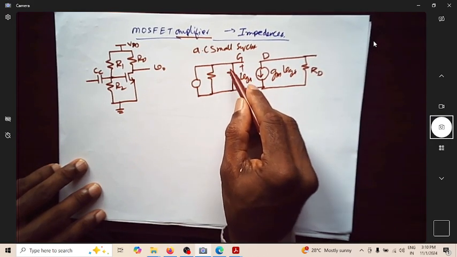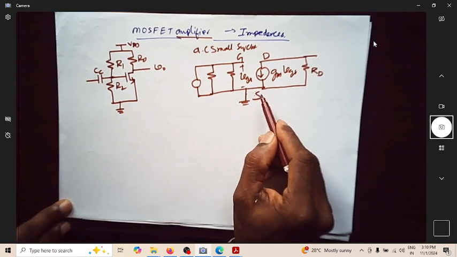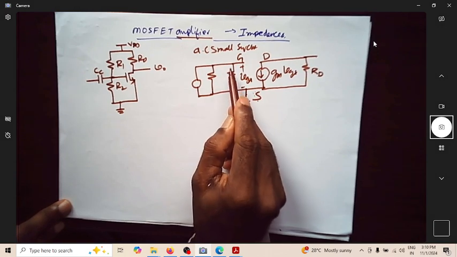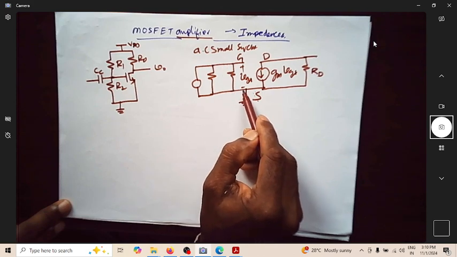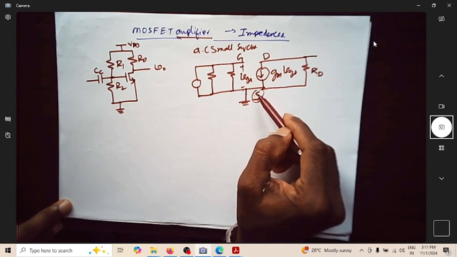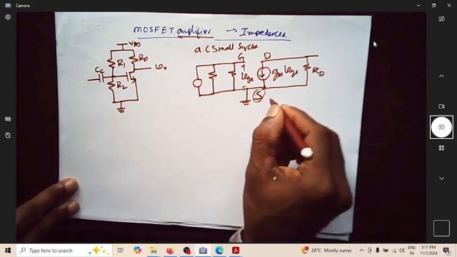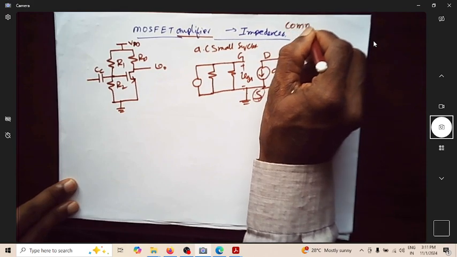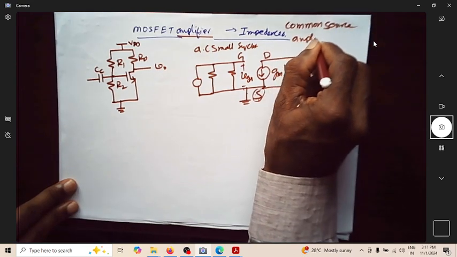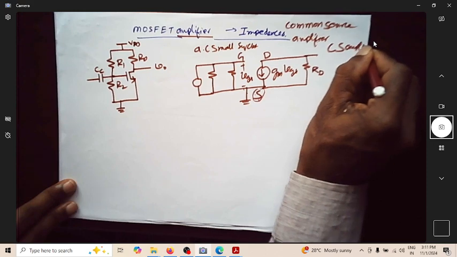With respect to source, the input is applied. So the common terminal between the input and output signal is the source. This is the input point with respect to this source, and this is the output point with respect to this source. Since the source is common between input and output, this amplifier is named the common source amplifier, in general said as the CS amplifier.